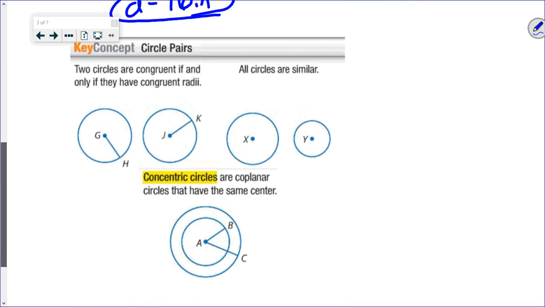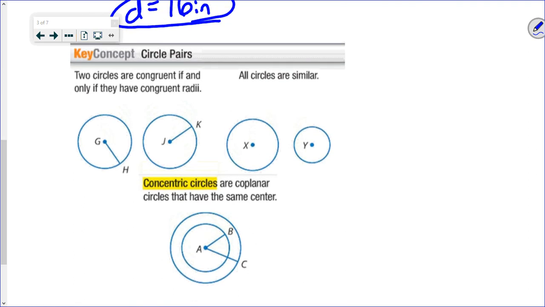Circle pairs. So 2 circles are congruent if and only if they have congruent radii. And all circles are similar. Concentric circles are coplanar circles that have the same center. So those are types of circle pairs we can identify.